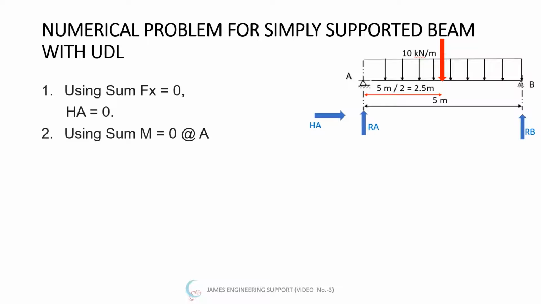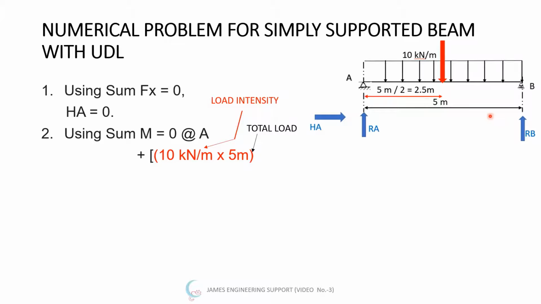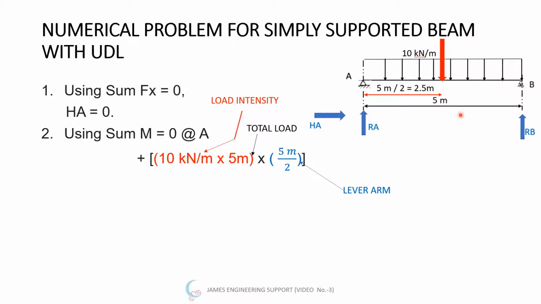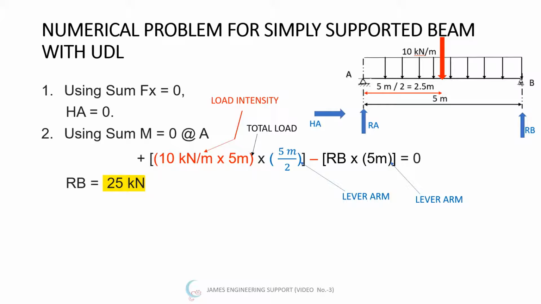Then we will consider the moment at A. So it will be 10 kilonewton per meter multiplied by this 5 meter total span. Then the lever arm will be 5 divided by 2. And then RB anti-clockwise, minus RB will be multiplied with the 5 meter distance. Then after equating it to 0, we will get the answer as RB is equal to 25 kilonewton.